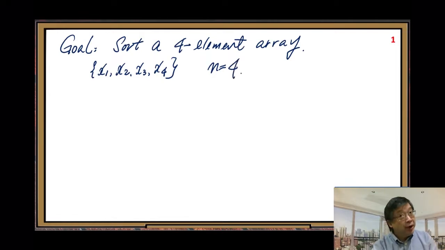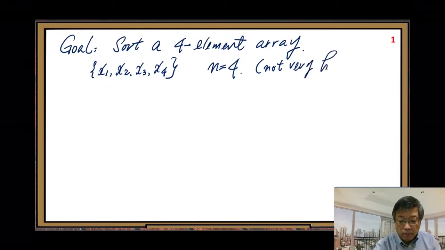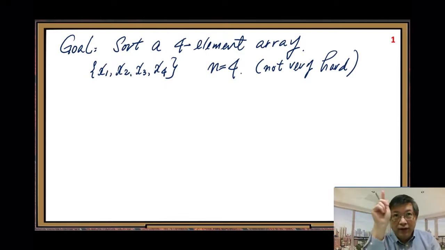It is not a big number, so not very hard, because when the problem size is bigger, then it is harder. But second, this number 4: 1, 2, 3, then 4.